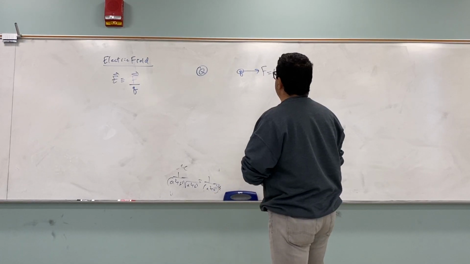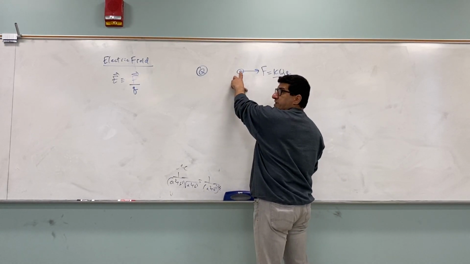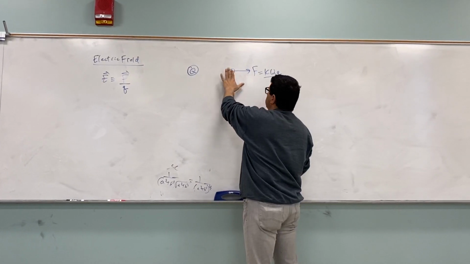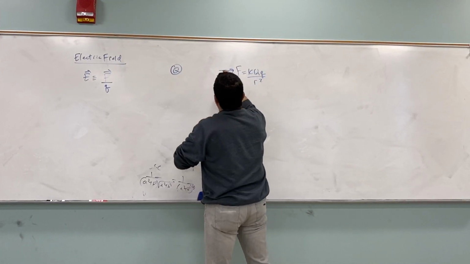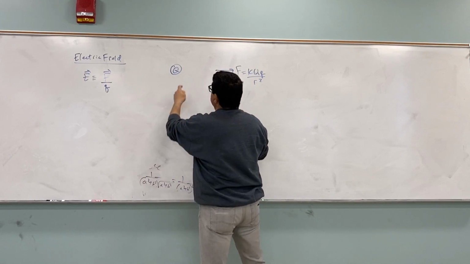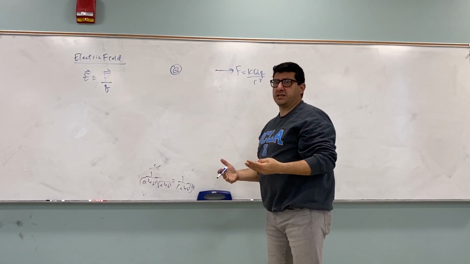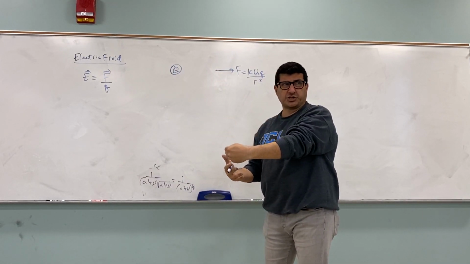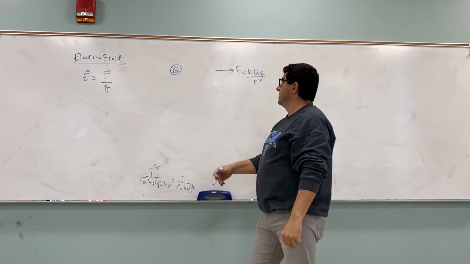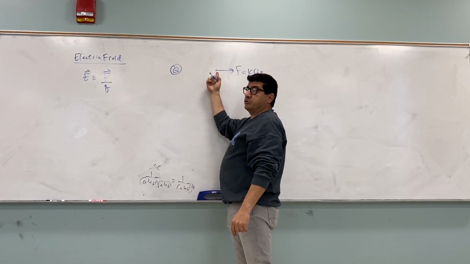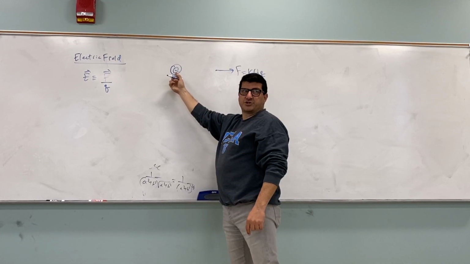So now I want to know, if this charge wasn't there, then this guy doesn't exert the force on anything. There needs to be another charge there to exert force. But what would the electric field be over there created by this charge?